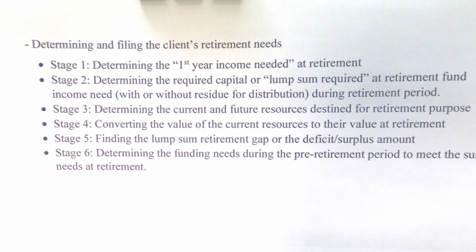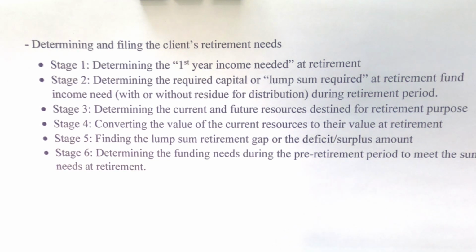Here is about determining and filing the client's retirement needs, and it involves 6 stages. Number 1 is determining the first year income needed at retirement. Stage 2, determining the required capital or lump sum required at the retirement fund, with or without residue for distribution during the retirement period.